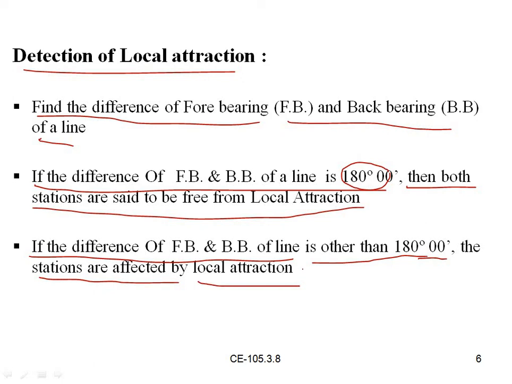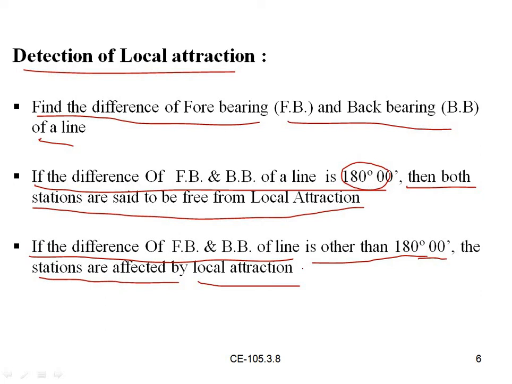That means whatever readings you get by taking the compass surveying measurements, if they do not match within 180 degrees, our compass station is affected with local attraction. Then we have to know there is an error in that station point.